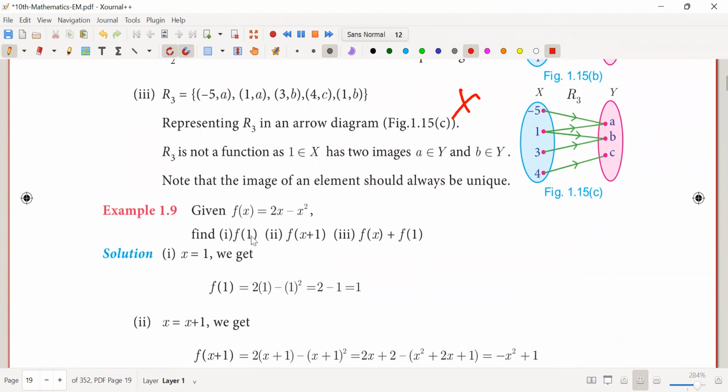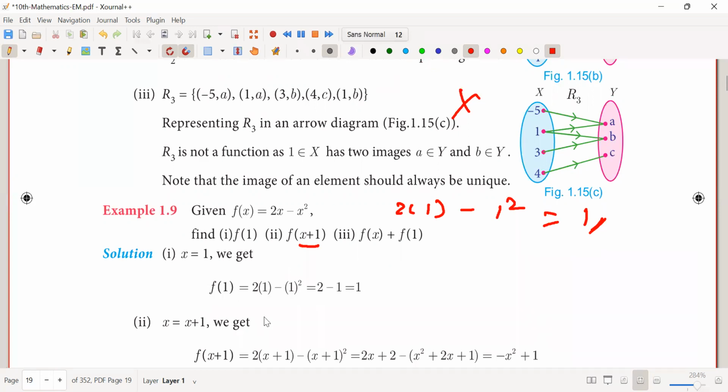Next, they're given f of x. Find the value for f of 1, f of x plus 1, f of x plus f of 1. All are completely different. When I put x equal to 1, 2 into 1 minus 1 squared, 2 minus 1. Then if I put x equal to x plus 1, this means at the place of x, we have to substitute x plus 1.